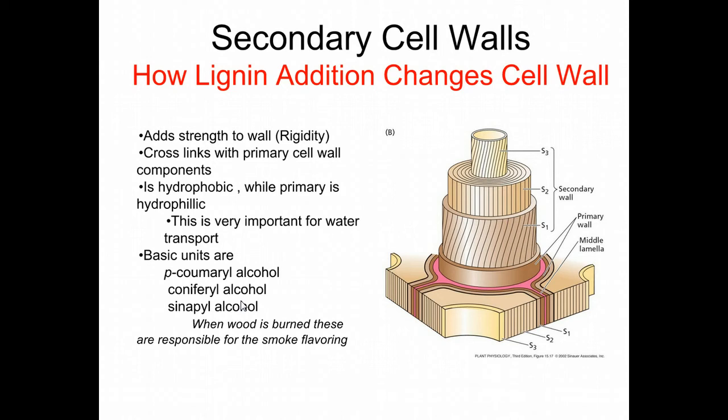A lot of people use mesquite flavor, but there's really not much flavor in mesquite. There's a little bit. So usually you're using hickory, pecan, these kinds of woods where the smoke has a flavor that's going to taste good or smell good. You don't actually taste smoke. You actually smell it when you're eating it. And most of the flavor compounds are part of this lignin complex. Okay?